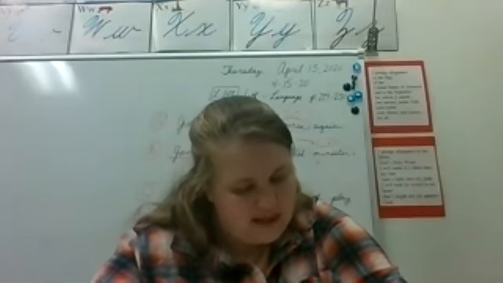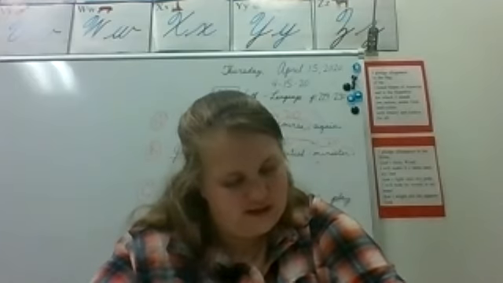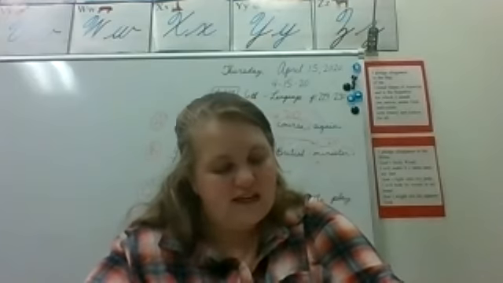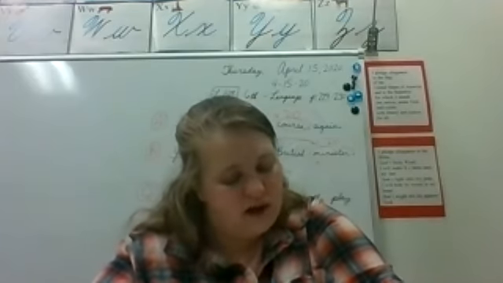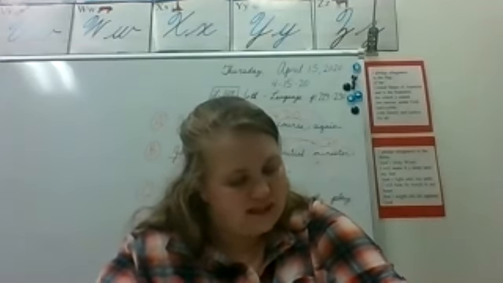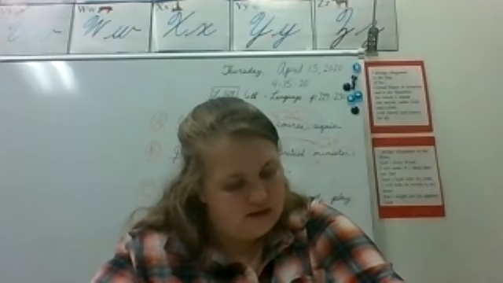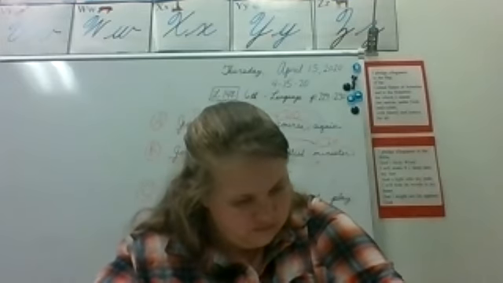And then Think B, decide if each of the following sentences is correct or incorrect. If the sentence is correct, write correct in the blank. Pretty simple. If the sentence is incorrect, underline the mistake and write the correction in the blank. Okay?